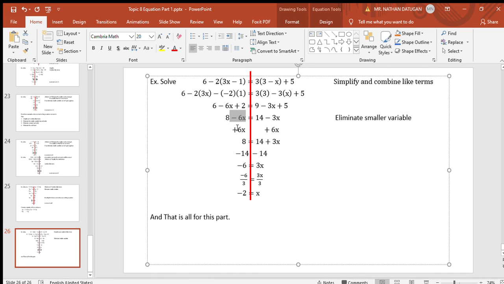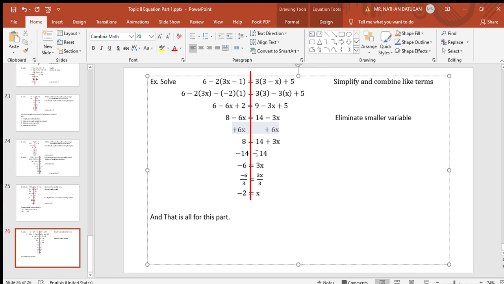So we add 6x on the left side, and hence we also add 6x on the right side. So you're left with 8 on the left, and then negative 3x plus 6x is positive 3x. So your equation should be 8 is equal to 14 plus 3x.